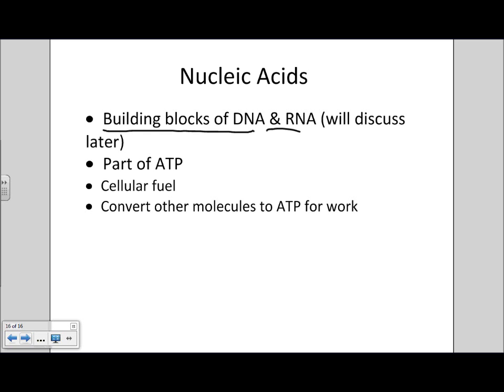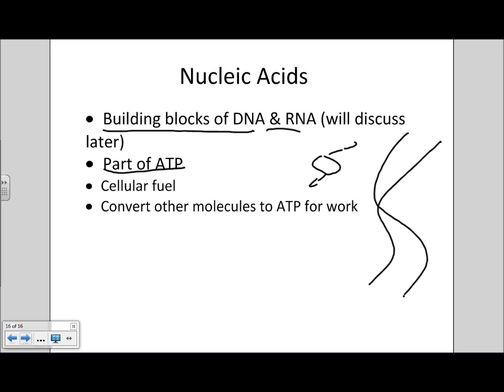DNA, deoxyribonucleic acid, and ribonucleic acid. All they are is basically a sugar with a phosphate group attached to it. Then these nucleic acids join together, and you form this double helix that we call DNA. Nucleic acids are also found as part of ATP, our cellular fuel.